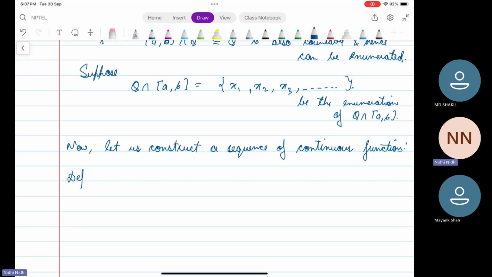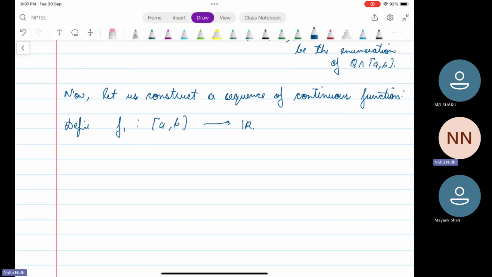Define our map f1 from the closed interval [a, b] to R such that its graph is given by, suppose this is a, this is b, you can write the explicit form.